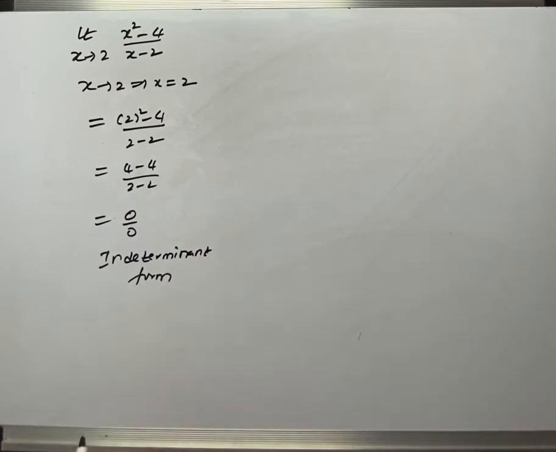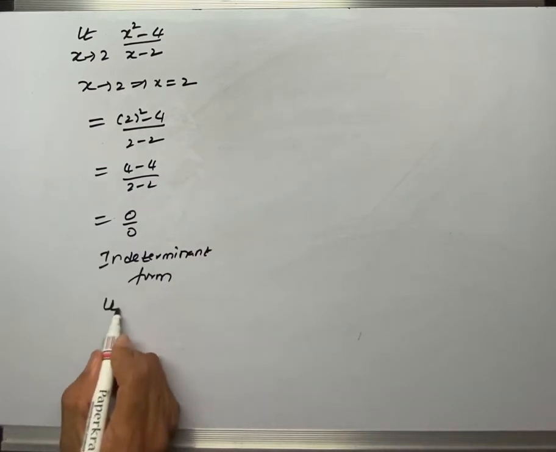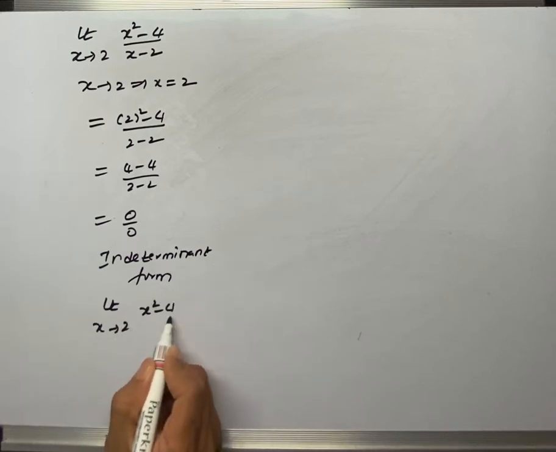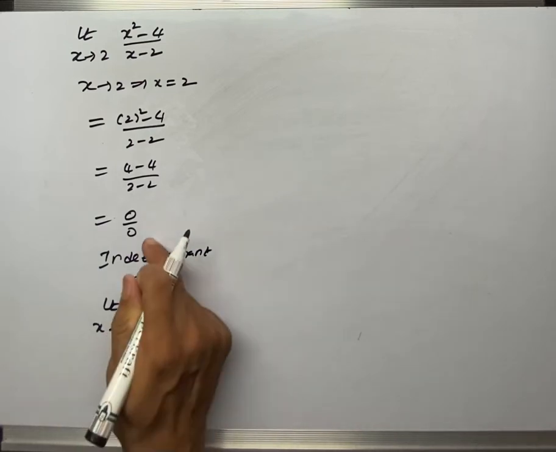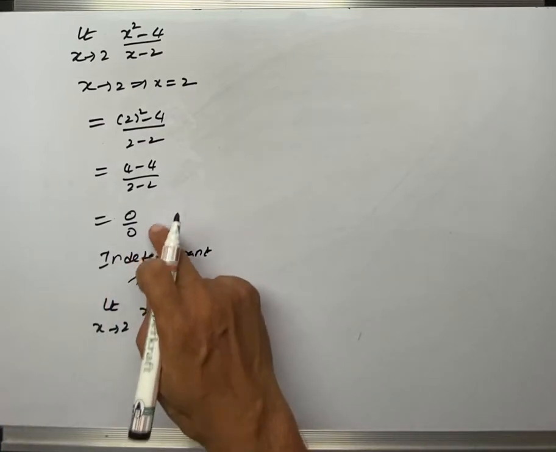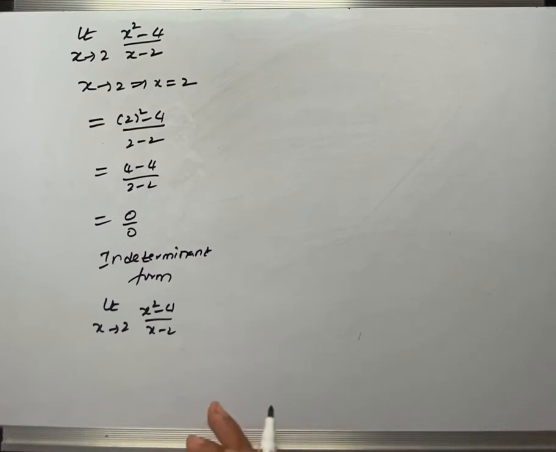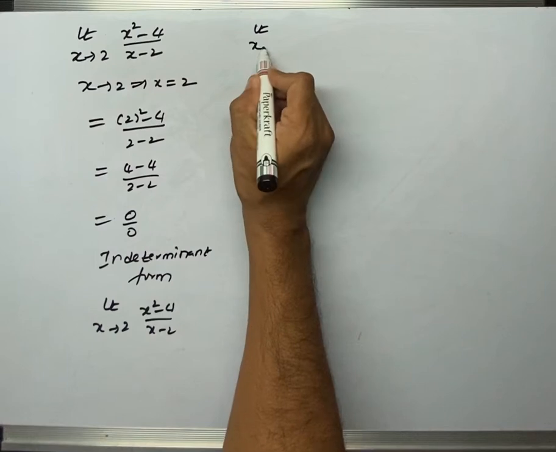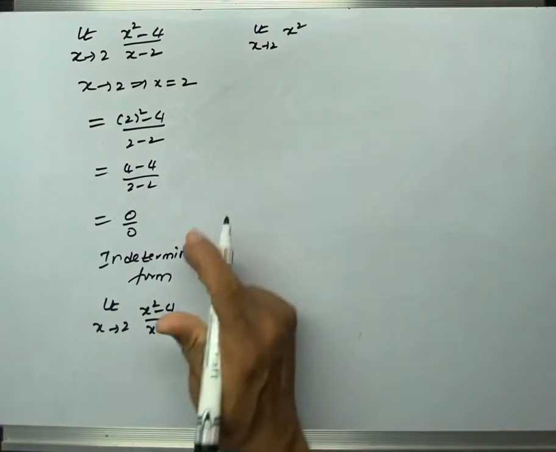Once we get the indeterminate form, we write the question once again. Limit x tends to 2, x square minus 4 by x minus 2. If you do only till here, you will not get any marks, because the limit answer should not end at 0 by 0. It should be determinate. Now, to get a determinate answer, we write the question once again. Until now this was direct substitution.